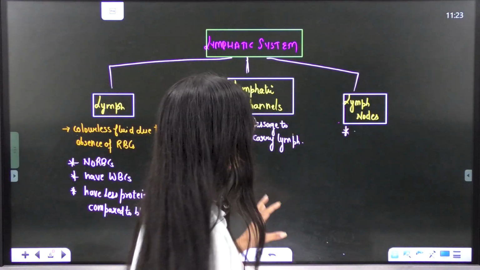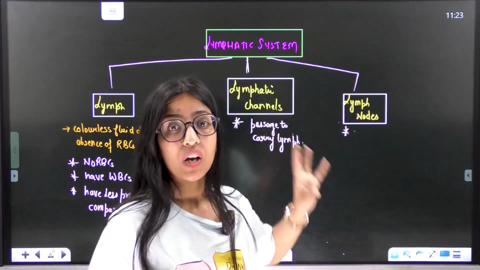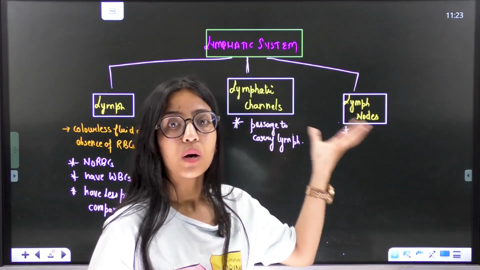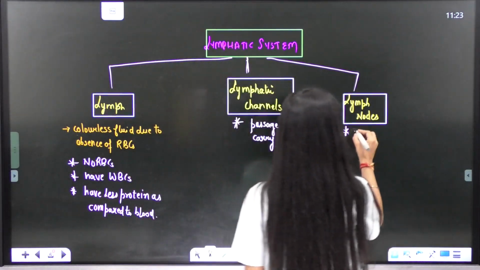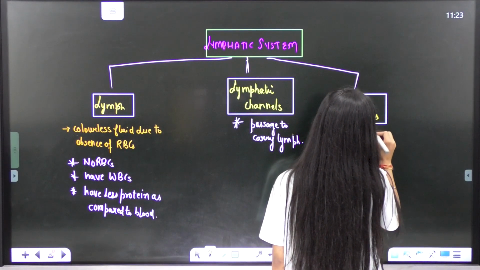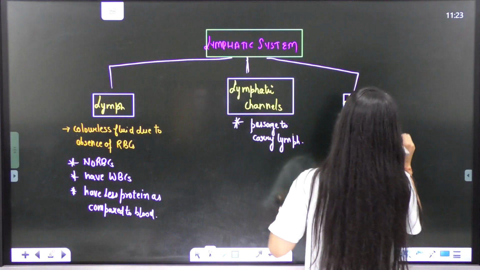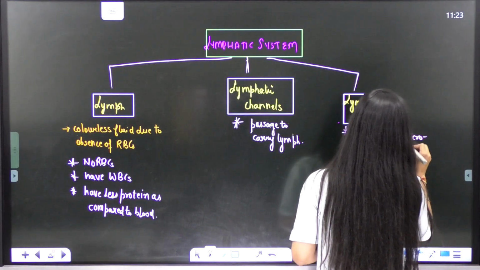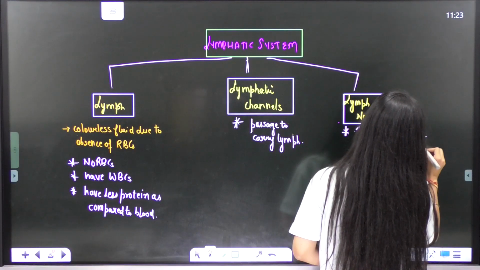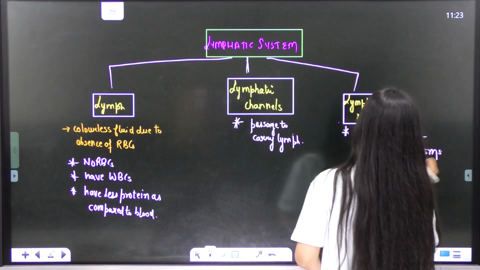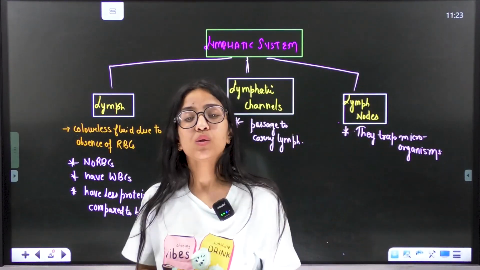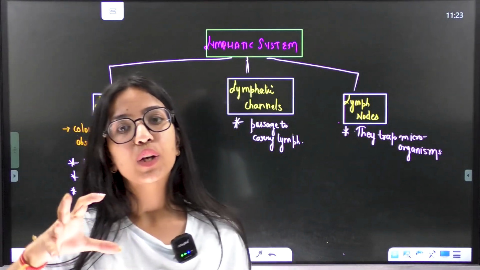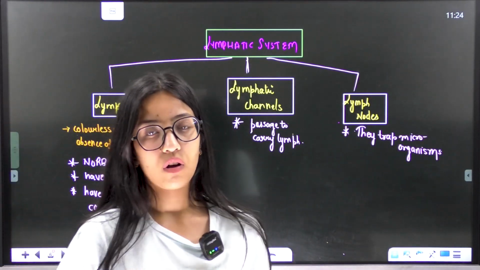But here, you only need to know that they are necessary for trapping microorganisms. They trap microorganisms, right? So with this, we have completed the circulatory system of a frog.